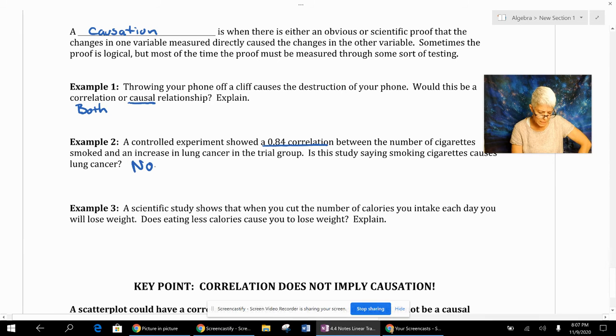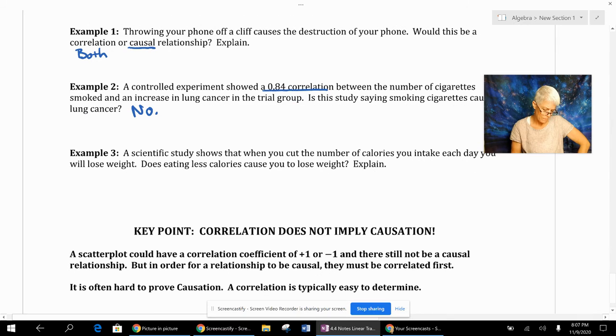No, it's not saying that, but there's a very, very, very strong correlation. There are other people that get lung cancer for other reasons, and some people who smoke all of the time will not get lung cancer. Is there an association? Yes. Or I should say a correlation or association. Yes, there definitely is.